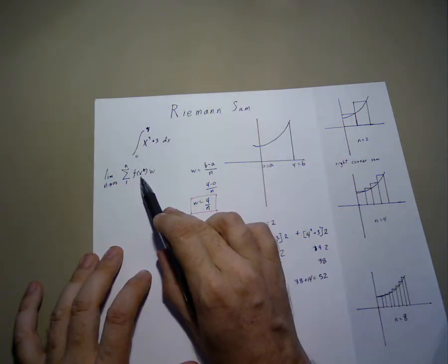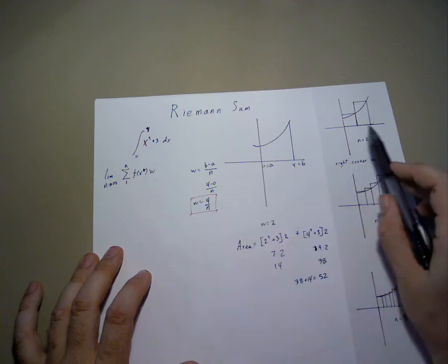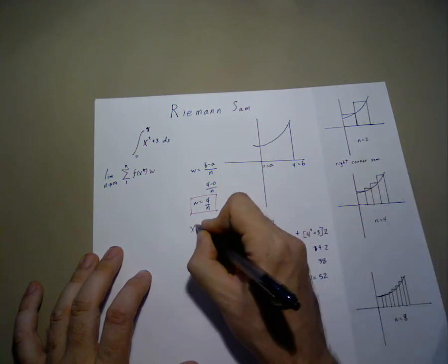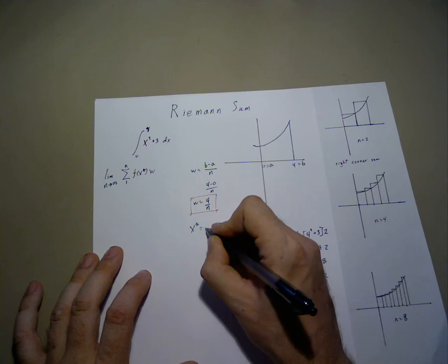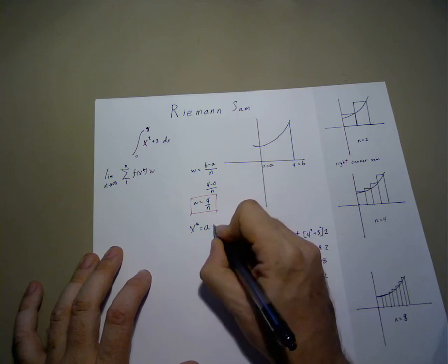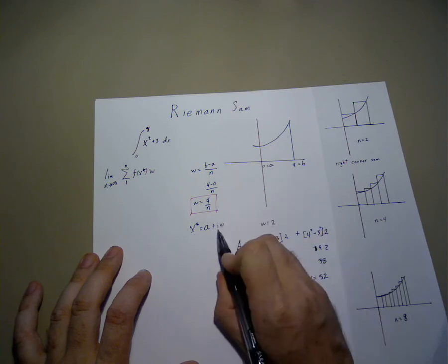Likewise, x star gives us the x value of the right corner of the rectangle. So x star equals a, that's where we're starting from, plus i w. i is the variable of summation.